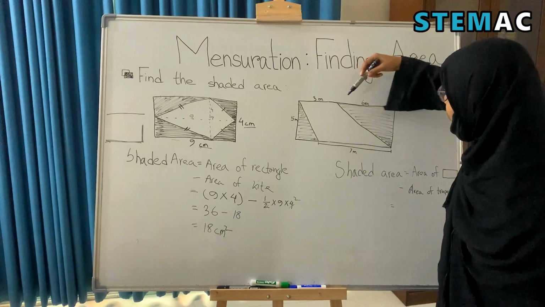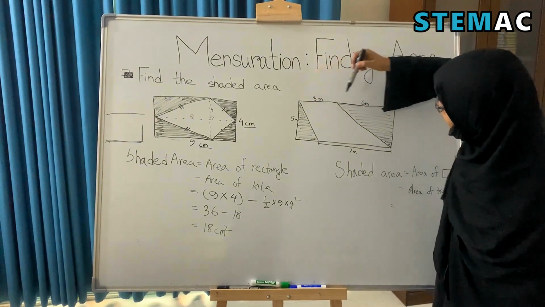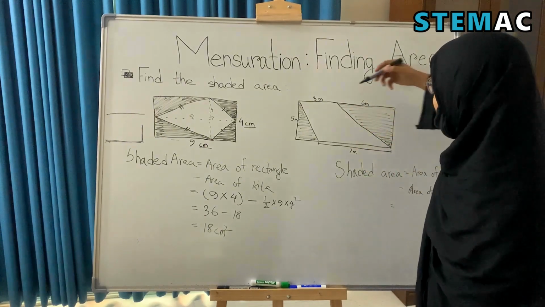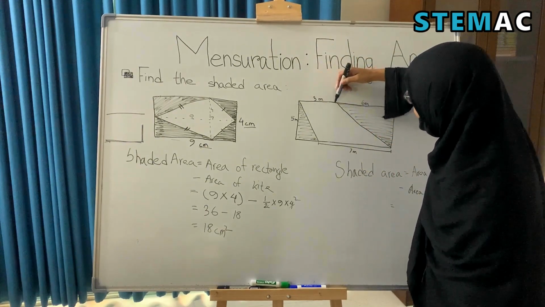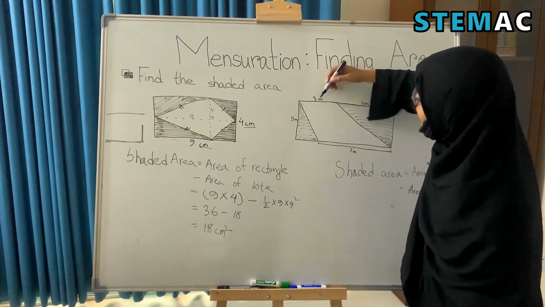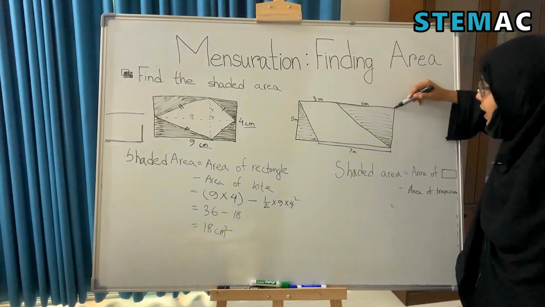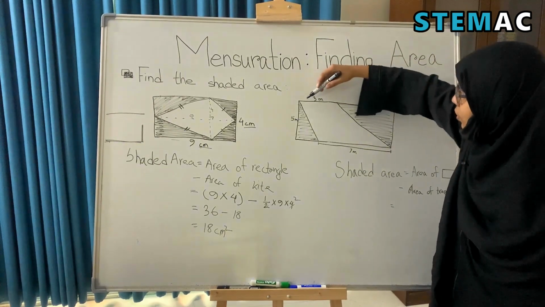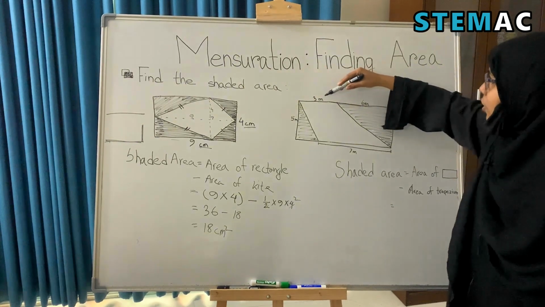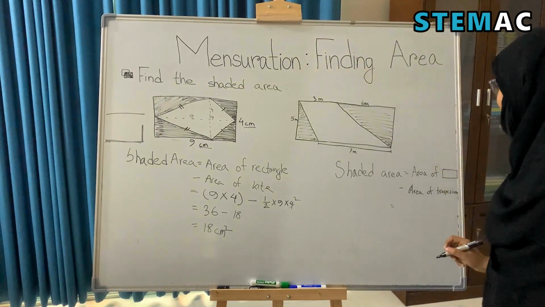So, here area of rectangle would be, for that we need to know the length and breadth of the rectangle. Here this side from this point to this point the length is 3 meter and from this point to this point the length is 6 meter. So, the length from this point to this point is the sum of these two, 3 plus 6, 9.